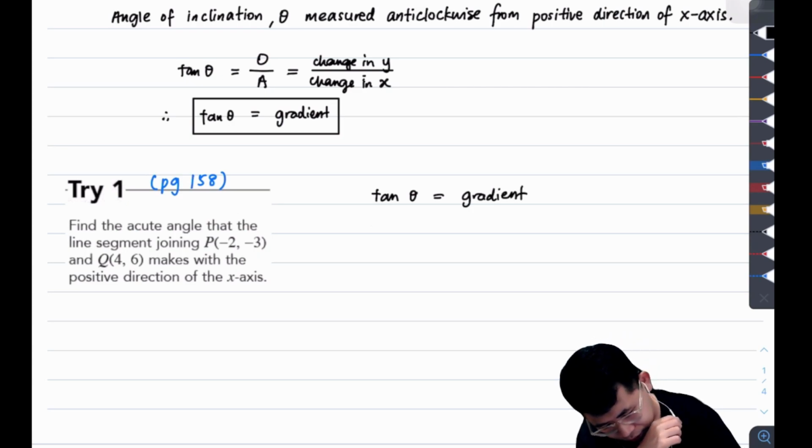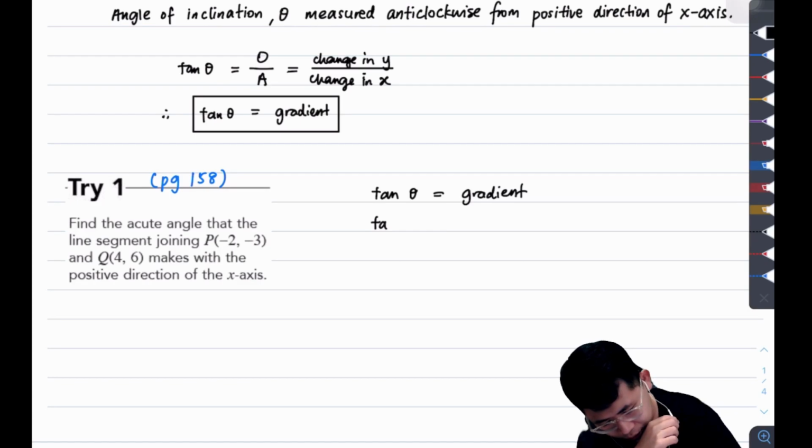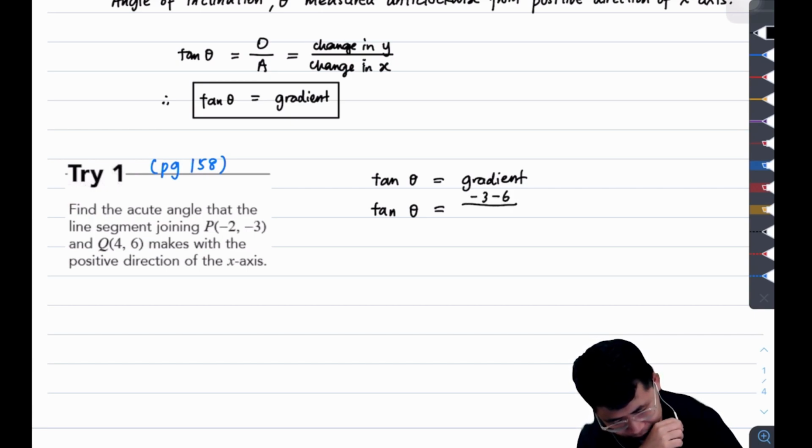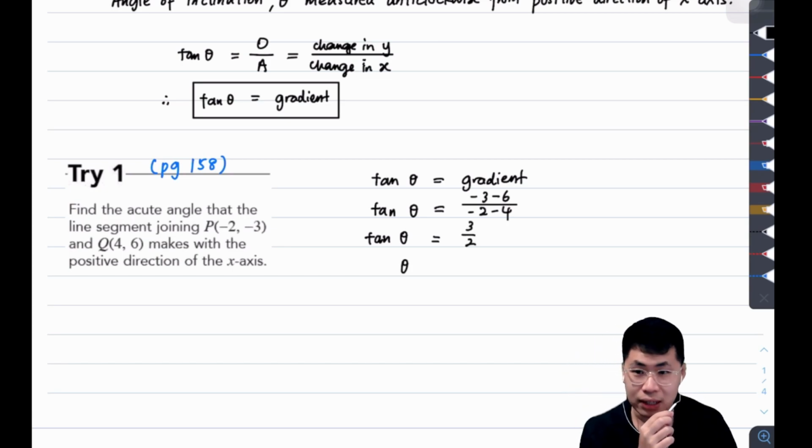So what is tangent theta? Tangent theta will be equal to the gradient, y2 minus y1, so negative 3 minus 6, over x2 minus x1, so negative 2 minus 4. So tangent theta is going to be equal to 3 over 2. Now I want the angle of inclination.